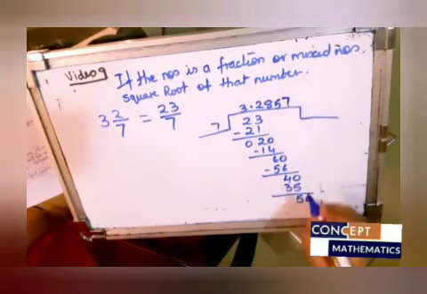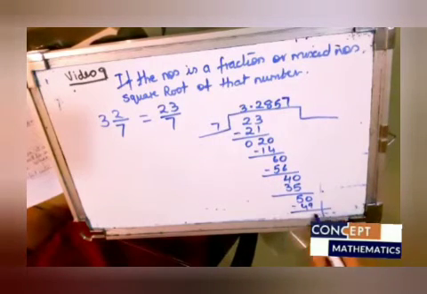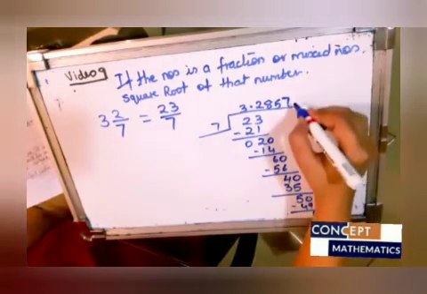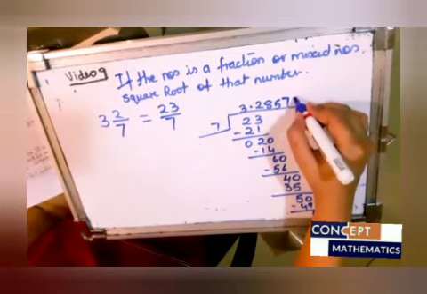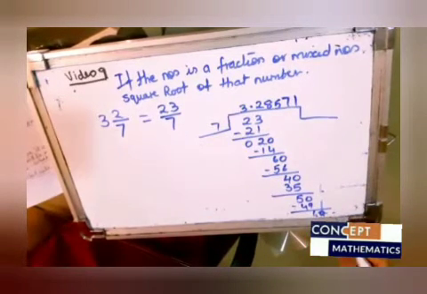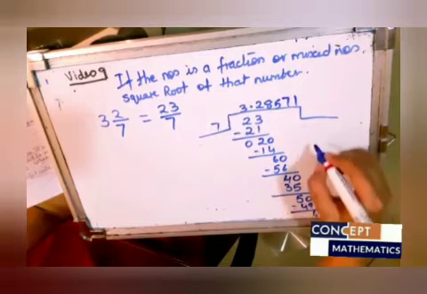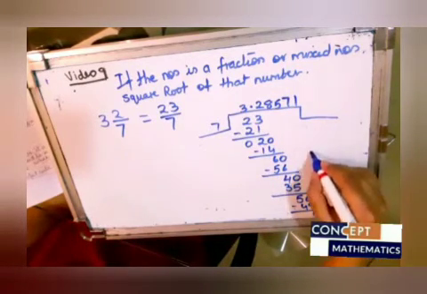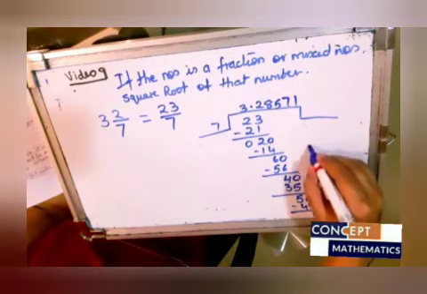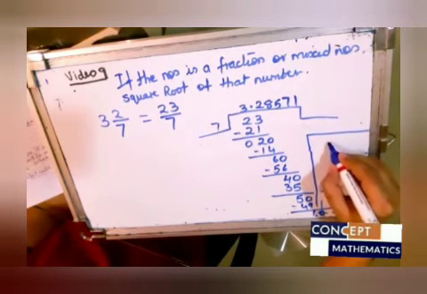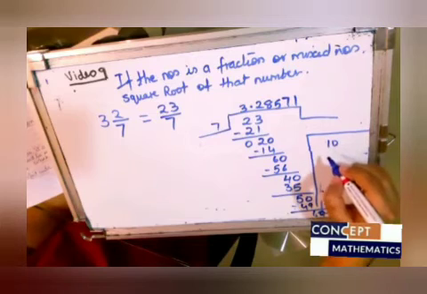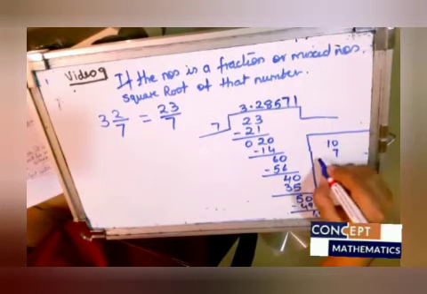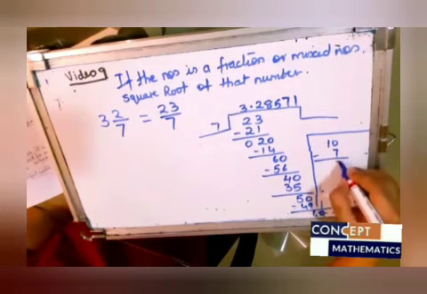So 7 7s will give you 49. So this brings you to 10. So 1s are 7 and minus, so 30.